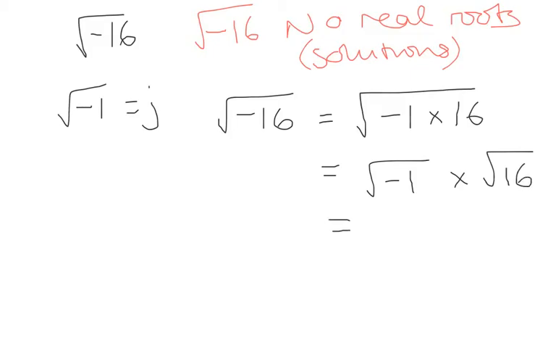Square root of -1 equals j, square root of 16 is 4, so we can write j4. Now the normal convention is to put the j first and the number second.